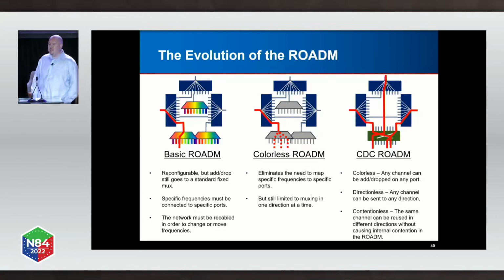Directionless means any channel can be sent in any direction, and contentionless means you can reuse the same channel across multiple pieces of the ROADM itself, and you're not going to be blocked because this path over here is using it. Your ROADM itself is not blocking your ability to consume every channel on every line system. And these are the most powerful, but also the most expensive.